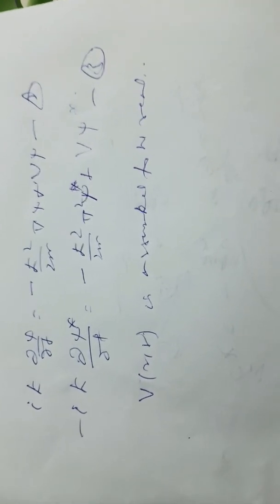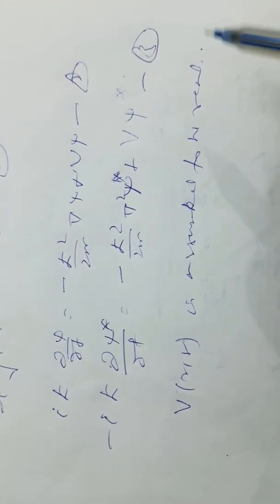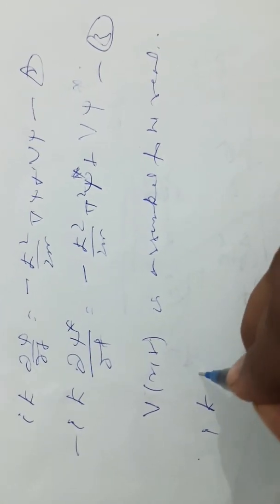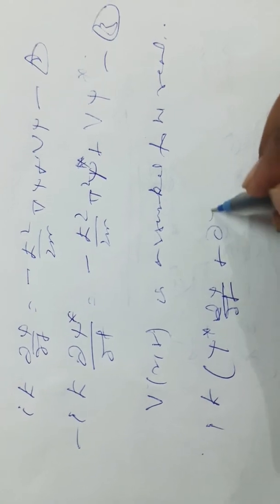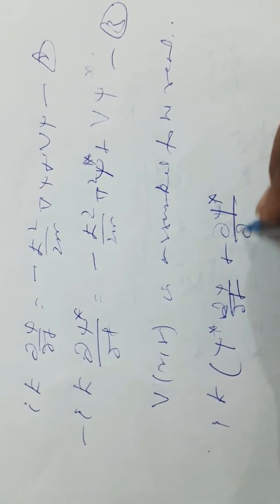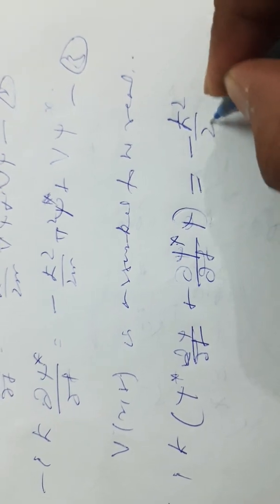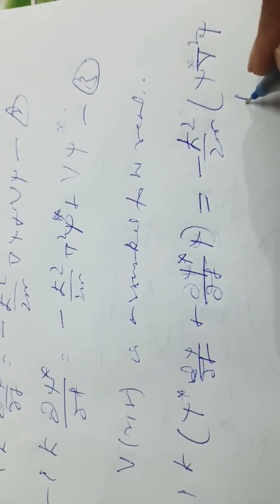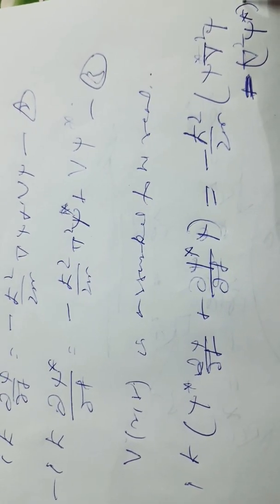Now multiplying equations number 2 and 3 by psi asterisk and psi, and then subtracting the resultant equations, we get i h cross, psi asterisk del psi by del t plus del psi asterisk by del t into psi, equal to minus h cross square by 2m, psi asterisk del square psi minus del square psi asterisk into psi.